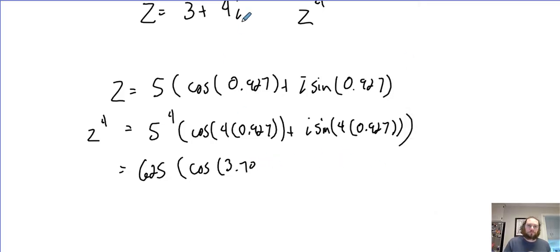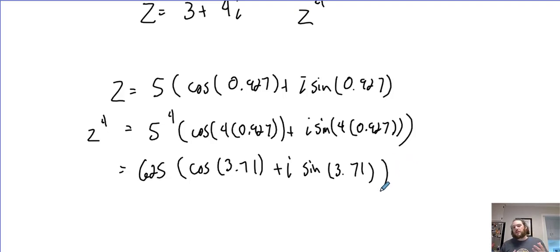That's about 3.71, and then i sine of 3.71. We could even rewrite this a little bit, because 3.71 is somewhere around here, a bit more than pi radians.